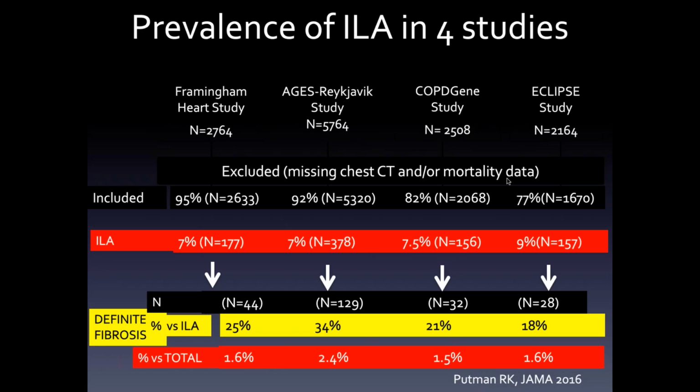So 8% of normal subjects inserted in a screening program have interstitial lung abnormalities. And a minority of them, around 1.5 to 2%, are also fibrotic alterations, defined again by CT scan.